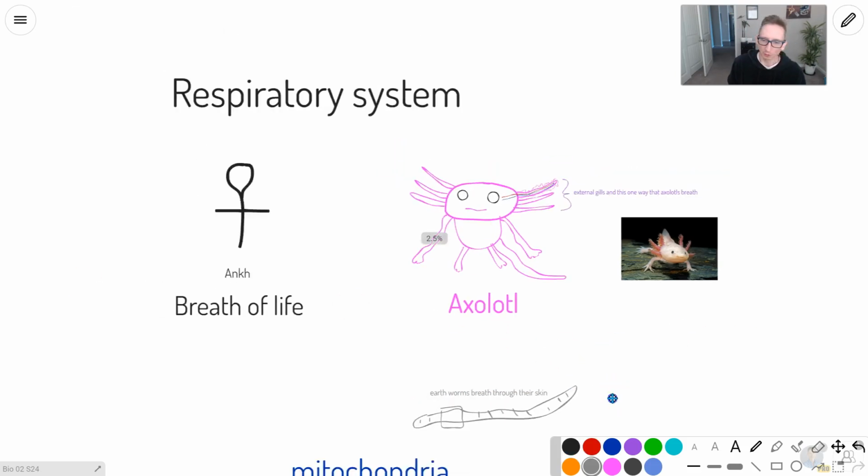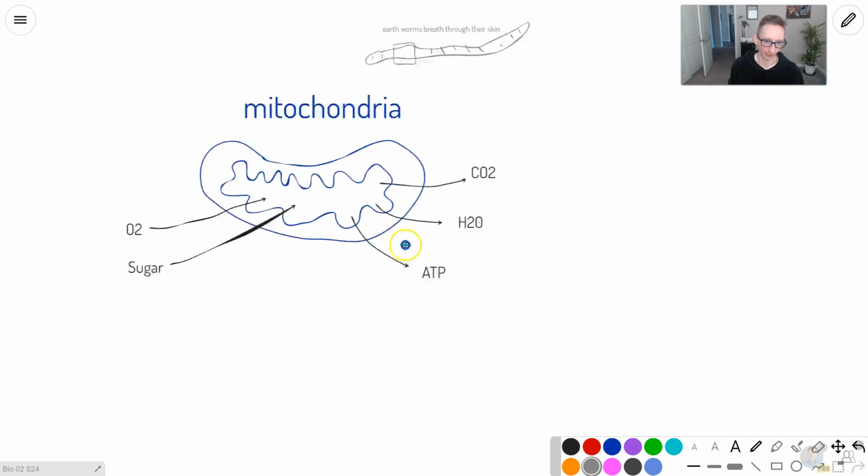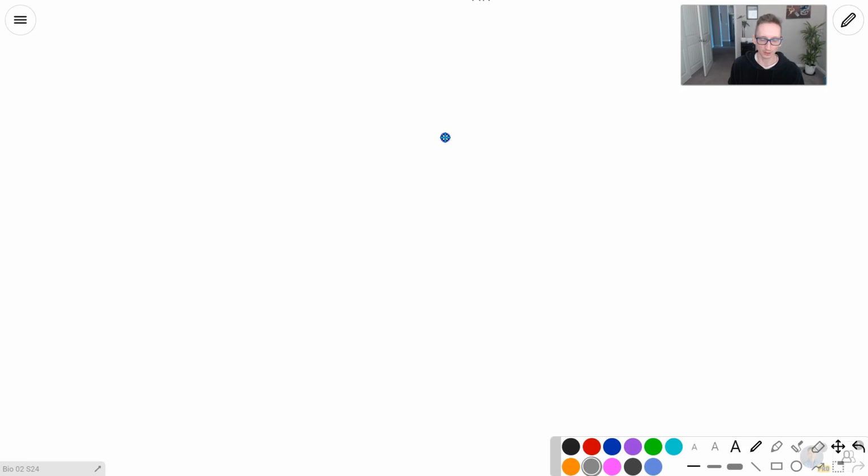All right, so really what we're talking about at the end of the day is this thing. How do we feed this thing? We feed it with our respiratory system. All right? So you might be thinking we're going to talk about the respiratory system, and the first thing we'll talk about is lungs. Wrong. We're going to draw a little brain here.